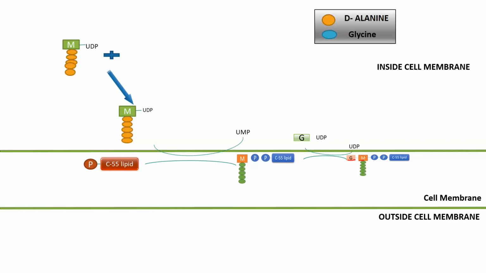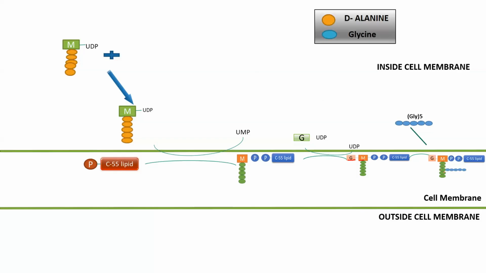When glucosamine and muramic acid get attached, a glycine pentapeptide residue gets attached with the alanine residue at the third position.